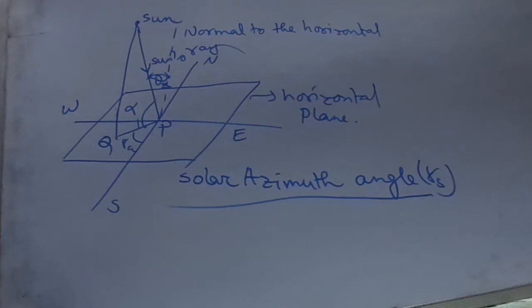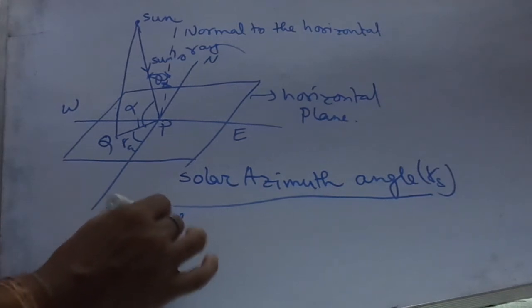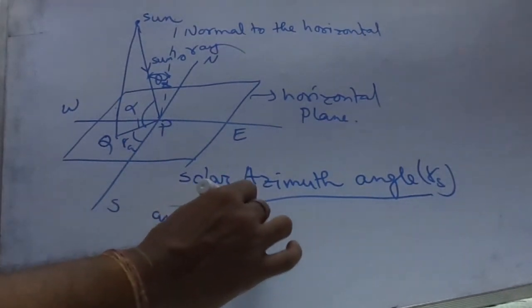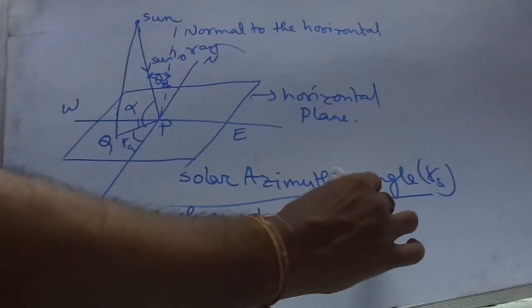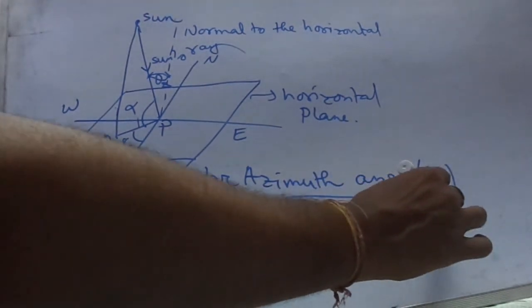It is taken positive when measured from south toward west. That is the solar azimuth angle, gamma s.